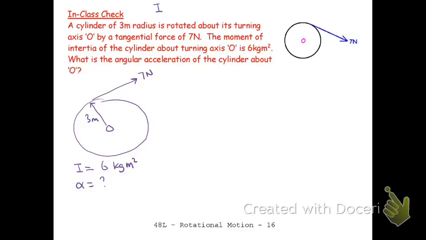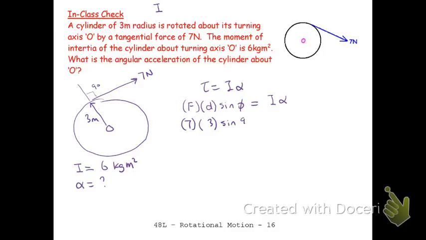And so I say, oh, well, in this case, then I have torque is equal to I alpha. Let's have a look. My torque is F times D times the sine of the angle between them is equal to I alpha. So 7 times 3 times the sine. Now, this angle between them is 90 degrees.